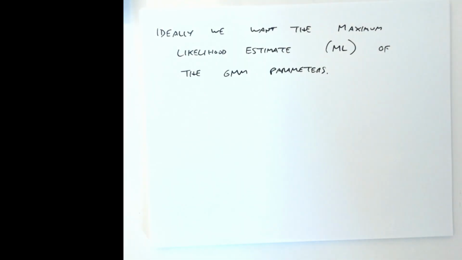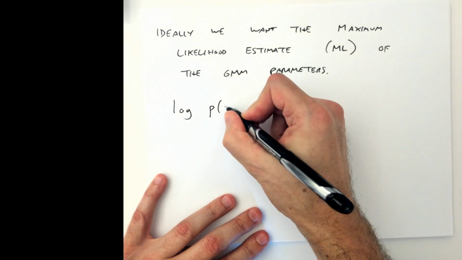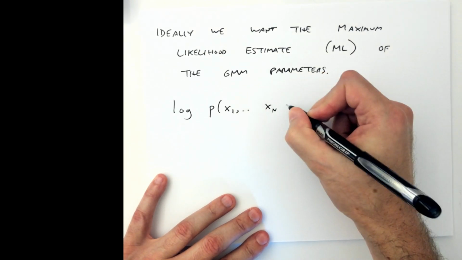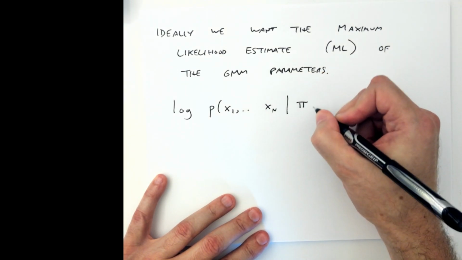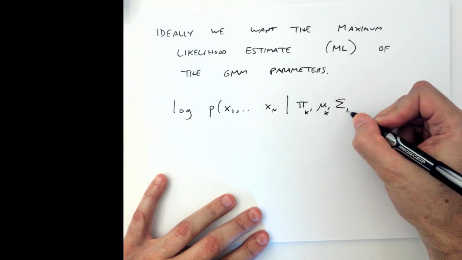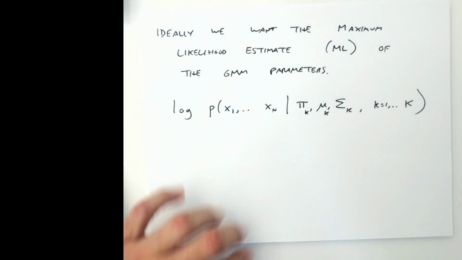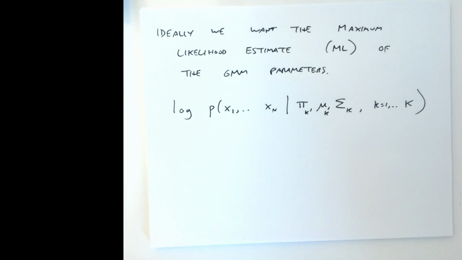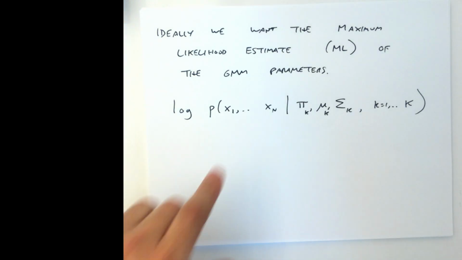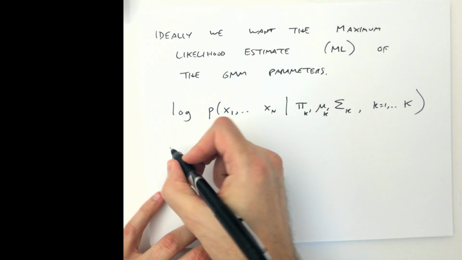So what I would have to do is minimize the log likelihood of the probability of seeing my data points given the pi, the mu, and the sigma for all of the mixtures, right? Hopefully this data is independent, which means I can decompose the log of the product of all the individual probabilities into a sum.